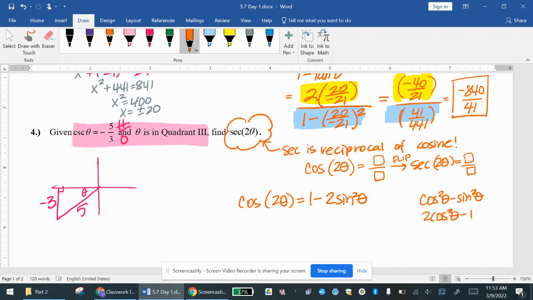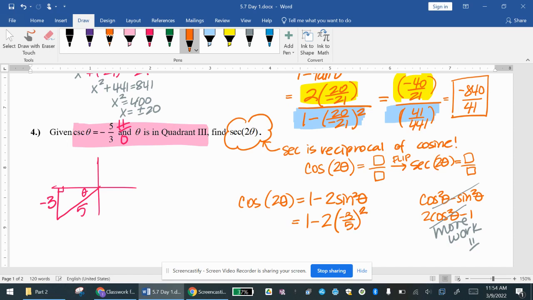These are the other options for the identities. If I would have used these, I would have needed to find the adjacent, which is fine. You can find it, but it's more work. Okay? So since I already have opposite and hypotenuse, might as well use the property I know. Okay, so 1 minus 2 times opposite over hypotenuse squared.